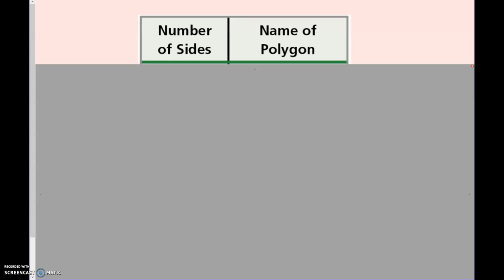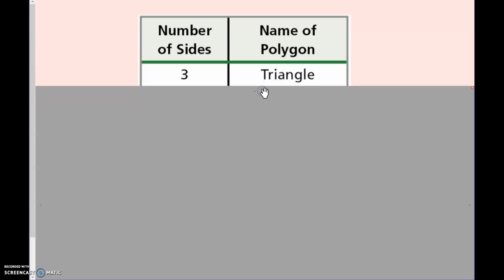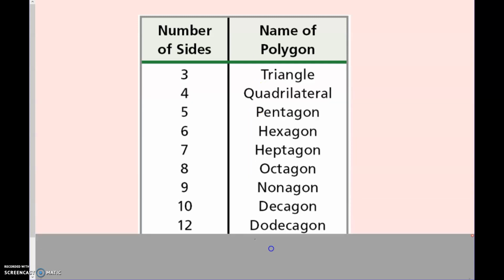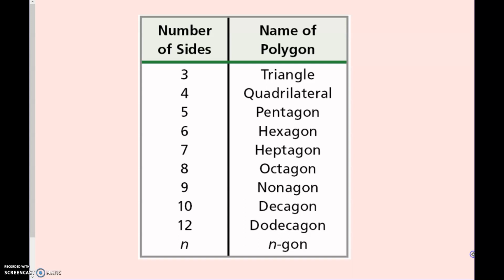All right, now let's talk about number of sides. Some of you might want to copy this down, some of you might not, but just know that when I tell you a 3-sided figure, or I say, hey, we're talking about a triangle, then you need to know that. If I say quadrilateral, you need to know 4. And you guys probably know them all the way down. A 5-sided is pentagon.